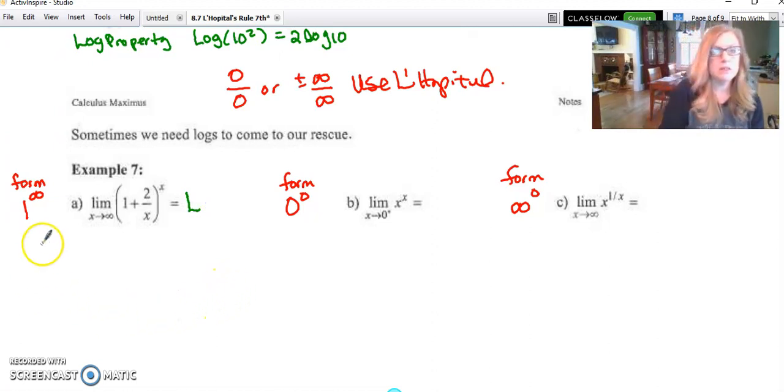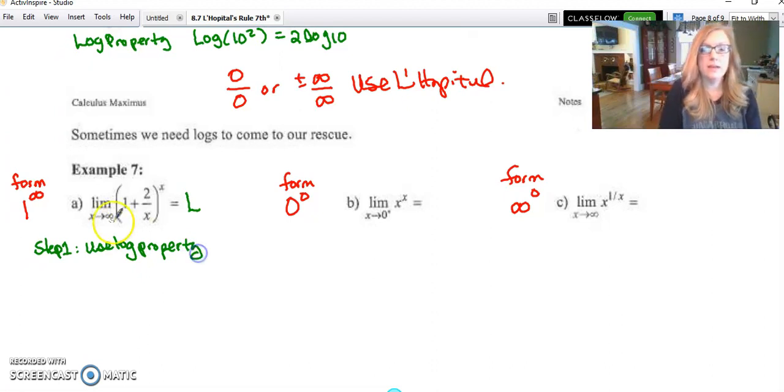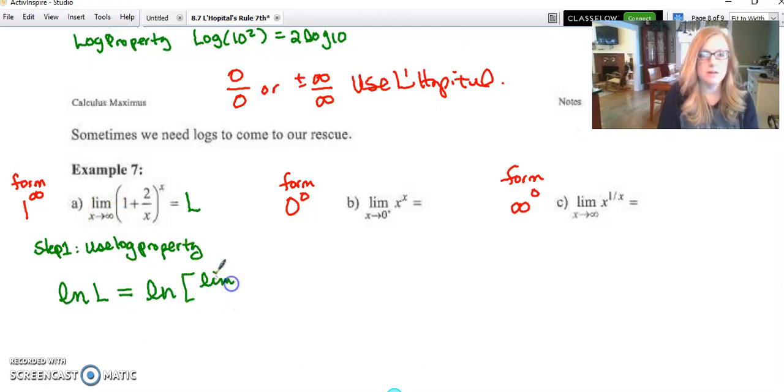But in step one, we are going to use the log property to help me out. I am basically going to take this equation, this is equal to L, and take the log of both sides. I'm going to do natural log because I like that better. So the natural log of L, the answer that I'm looking for, is going to equal the natural log of this limit over here.